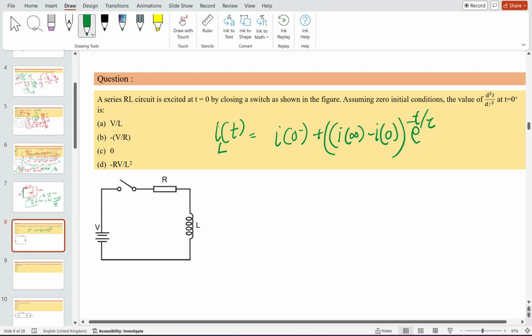Sir, in that equation, what will I at t equal to infinity come as?